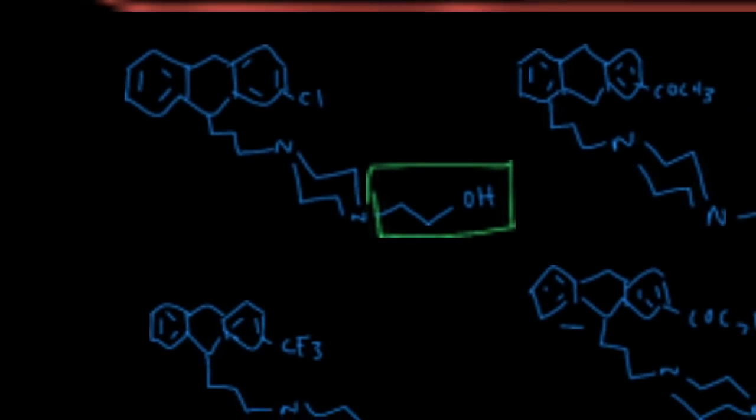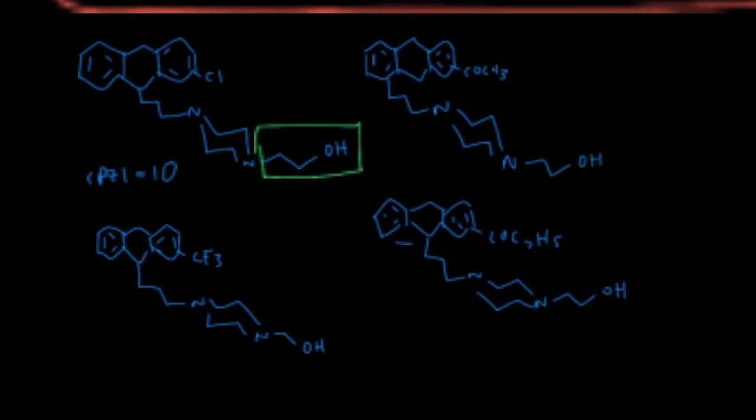Matter of fact, CpZi equals 10. Okay, so let's compare all these piperazine analogs to 10. CpZi of 10. Okay, so let's start over going down. Everything else being equal, you have the piperazine derivative with your hydroxyethyl group. The only thing that changes is your chlorine over here to your CF3 over here.